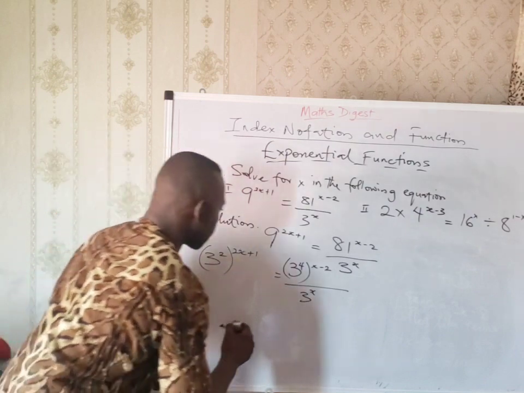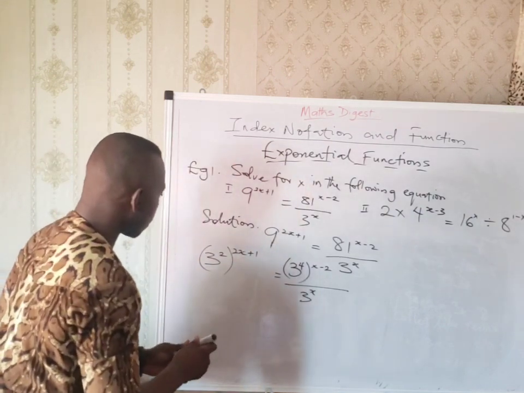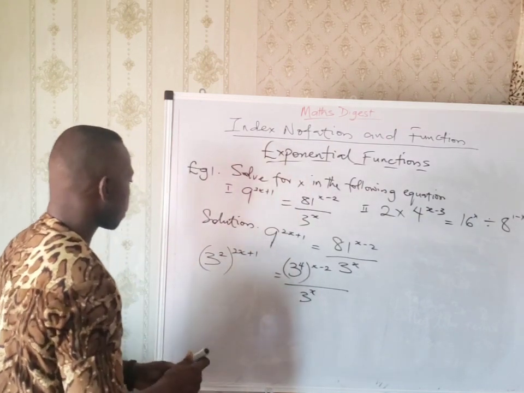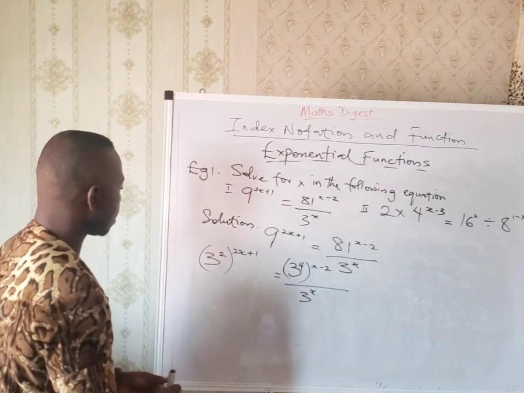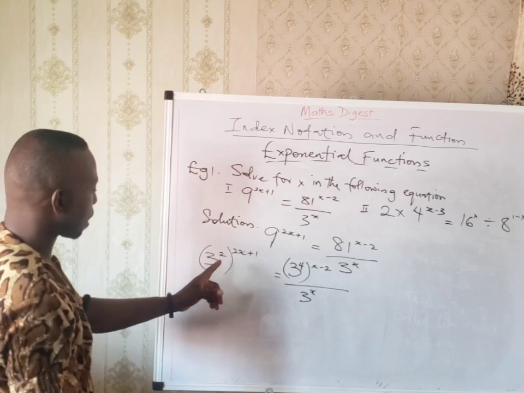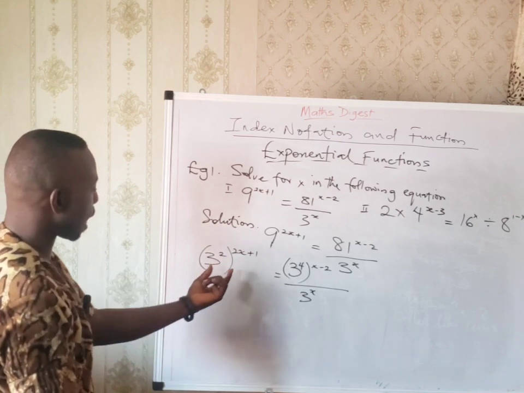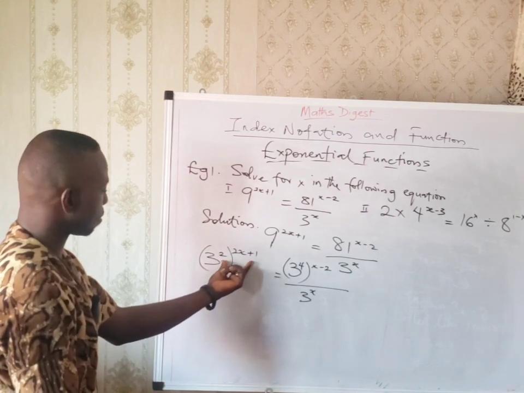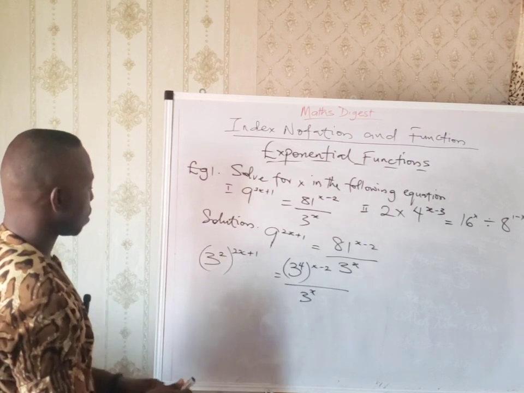So with this now, we remember our power law. Our power law says that when you have an expression like this, you open up the bracket and the indices are said to be in powers, so you multiply out the powers.